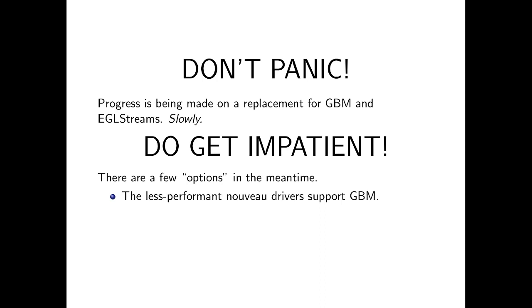Now, if you don't want to get into the issues of drivers, you could always just buy an AMD card. That should get you support for GBM, and once upon a time, that was a viable option.